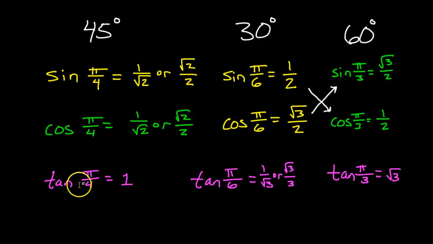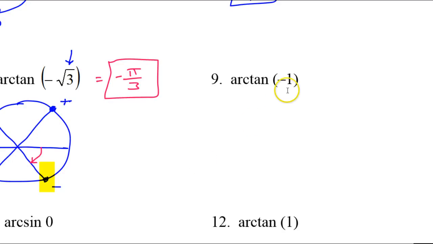We've memorized that the tangent of pi over 4 is positive 1. Not negative 1, but positive 1. But that's enough to tell us the reference angle. So the reference angle must be pi over 4. Okay, because we're just off by a negative sign.